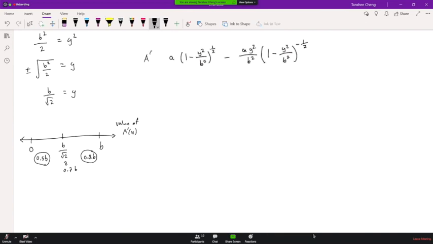So this is a prime of y. So when I test a prime of 0.5b, take a look at this.